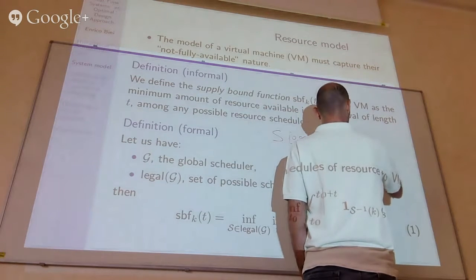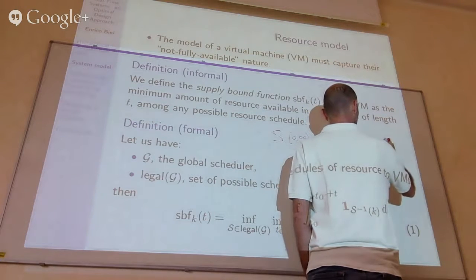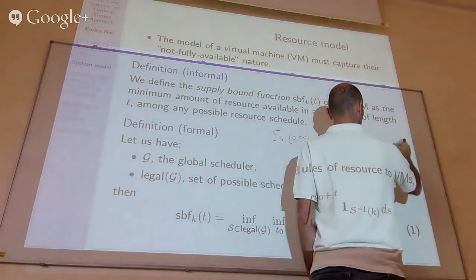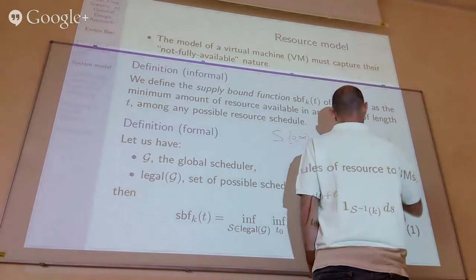I denote them with letters A, B, C, D, whatever. So this is the set of virtual machines.